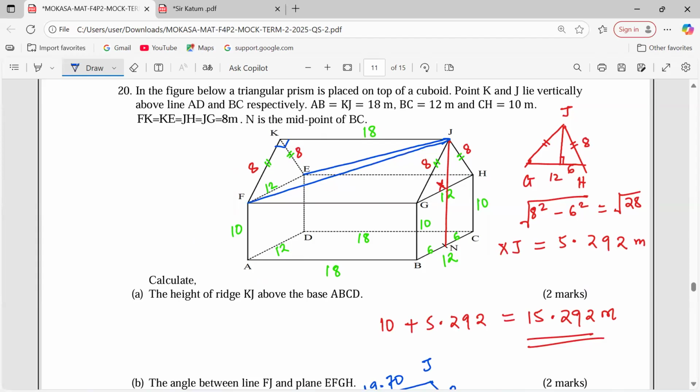So when we translate the base, it becomes FGHE. So that is the angle we need now between the two planes. And how do we get the angle between the two planes? We are supposed to consider the angle that passes through the mid of one.